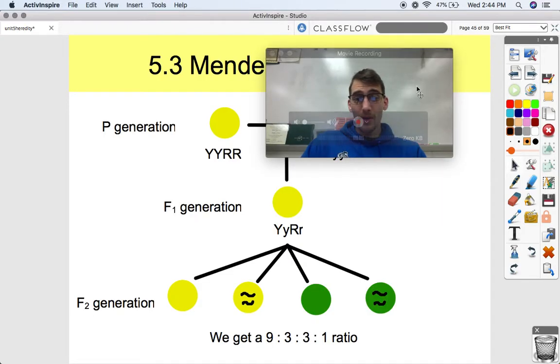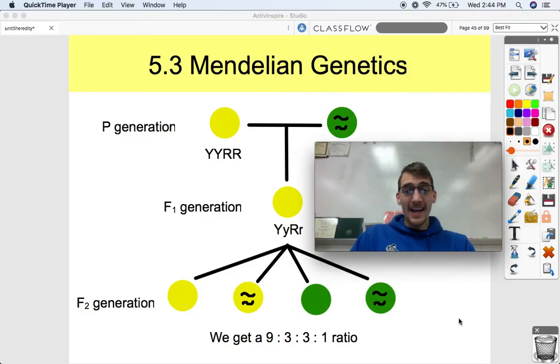Instead of that 3-to-1 ratio, we got a 9-to-3-to-3-to-1 ratio. Mendel was expecting that 3-to-1 ratio, the yellow smooth and green wrinkly, but he also got some that were yellow and wrinkly and green and smooth. Combinations of both. You got more combinations than what we had before.